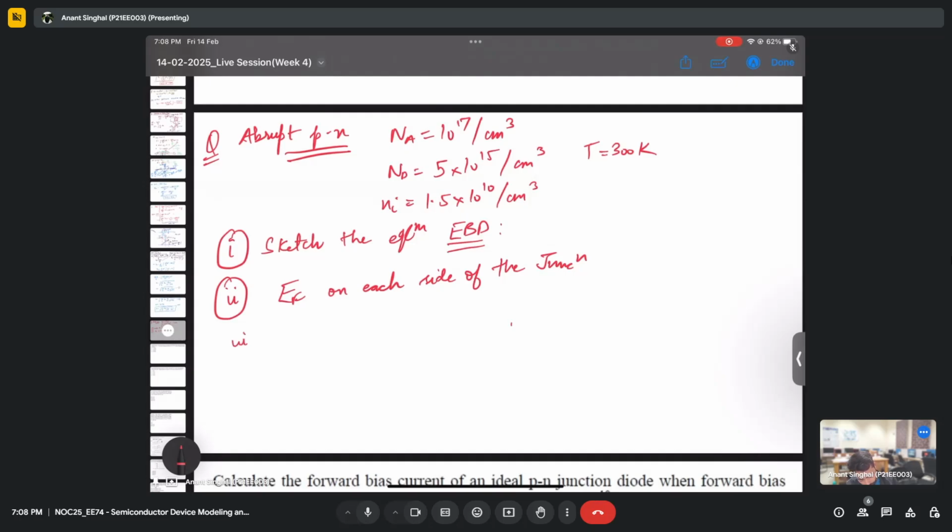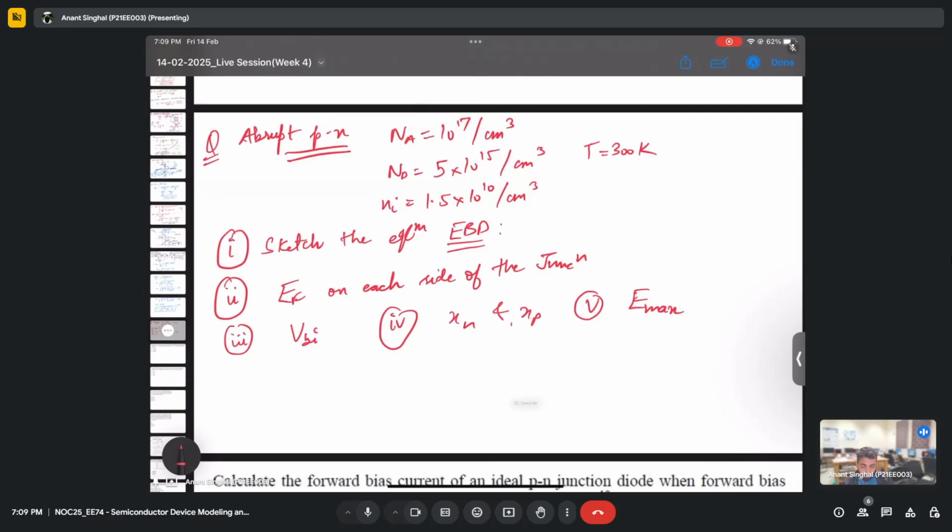Third is determine VBI. Fourth is determine xn and xp. And fifth is determine the Emax. This is what we have done today, so this will give you the answer to every question.